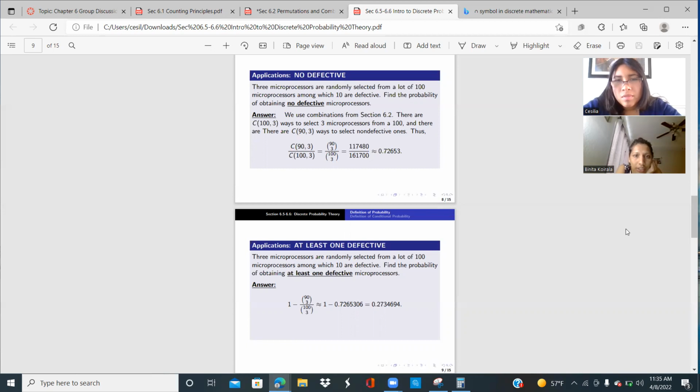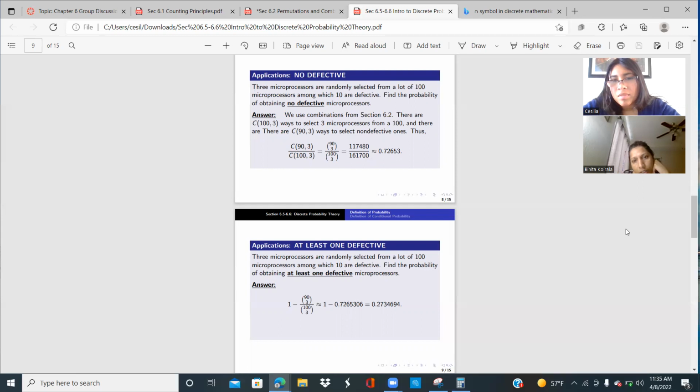Out of 100, 10 are defective, that means 90 are in good condition. So C(90,3) ways to select over C(100,3) total.